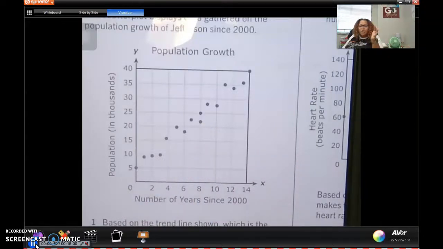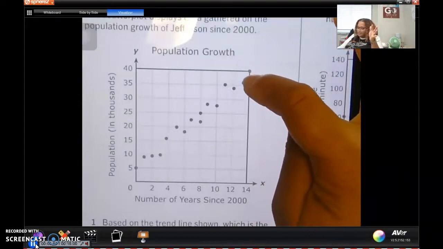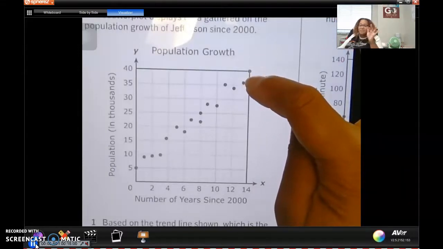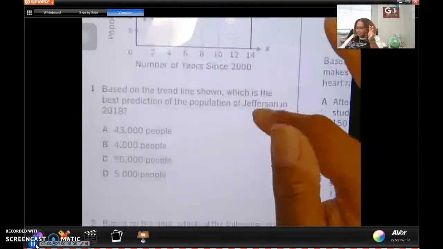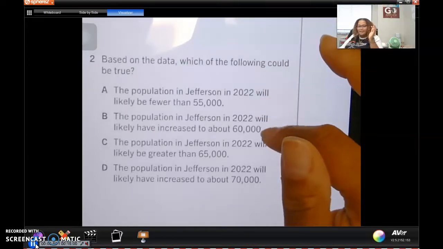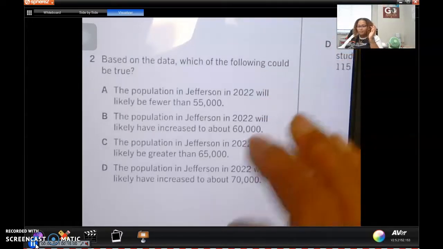So 5 to 22, the difference there is about 17. So I want to add about 17 to my 40,000. So 40,000 plus about 17,000 should give me a decent estimate over here.